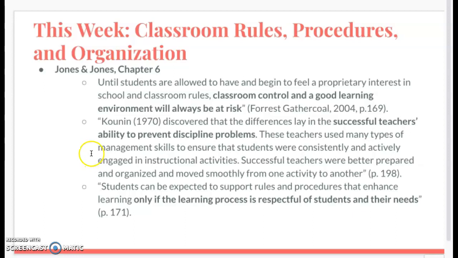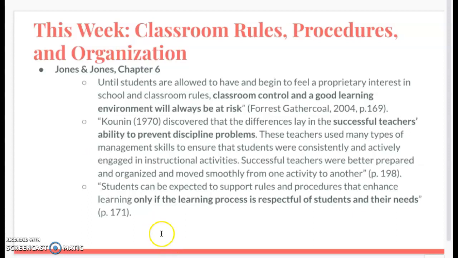Instead, what Kounin found was that the successful teachers actually prevented those big classroom management issues from happening, and thereby maximized learning for all students. So again, something interesting to think about. It's not in how we deal with the flagrant issues, right? It's much more about how we stem them from even happening in the first place.